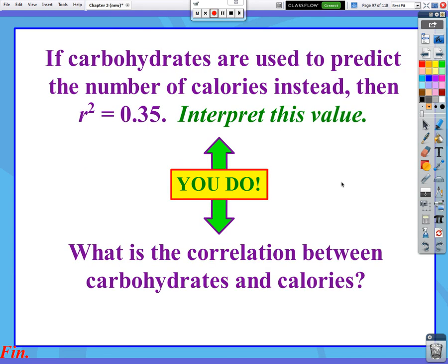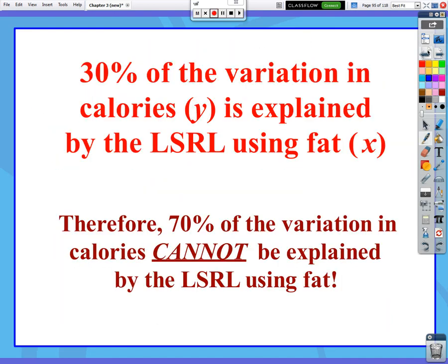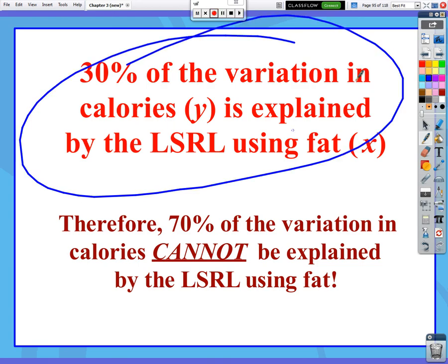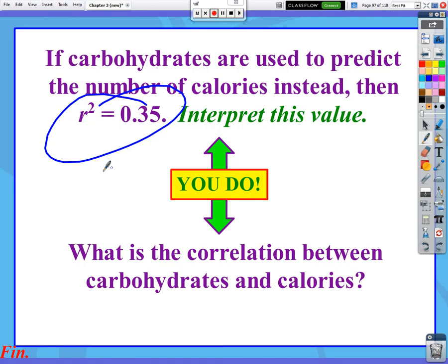So the last bit here says if carbohydrates are used to predict the number of calories instead of fat, then r squared is 0.35. What I want you to do is to interpret this 0.35. Just like what we did with fat earlier, could you interpret r squared when it's 35% for carbohydrates instead of fat?